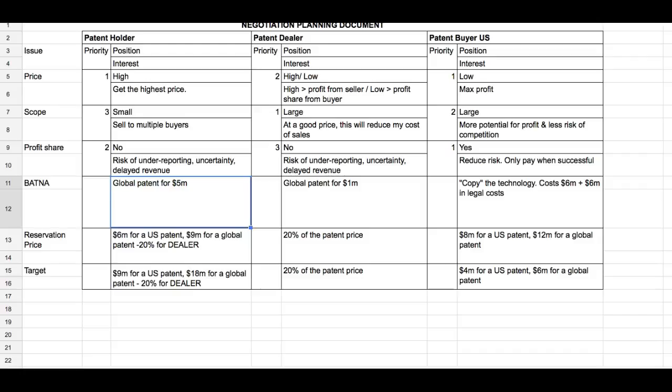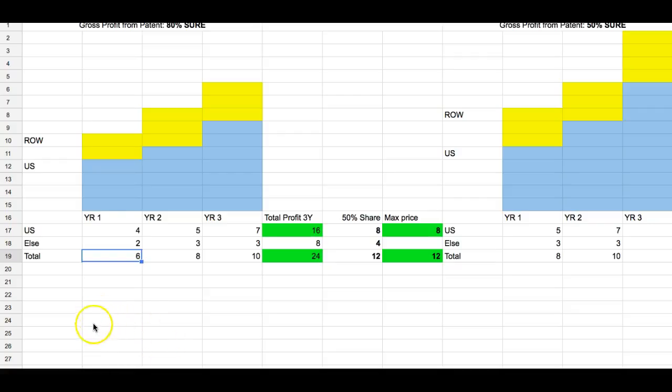So, okay, let's make a simple example. Let's say that what the patent holder is thinking here, the buyer is thinking here. Let's put this on the buyer sheet. Actually, no, the seller, sorry.